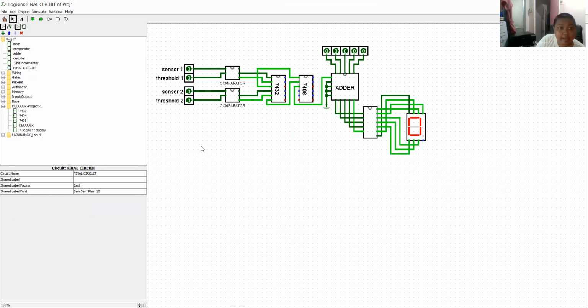And there we have it, the final circuit for the project 1.